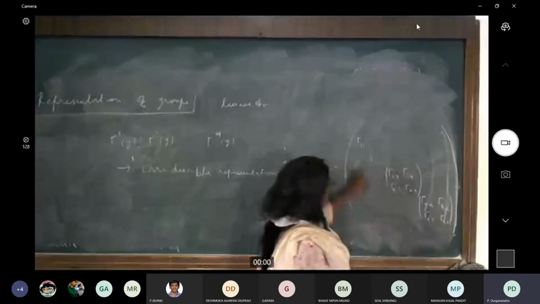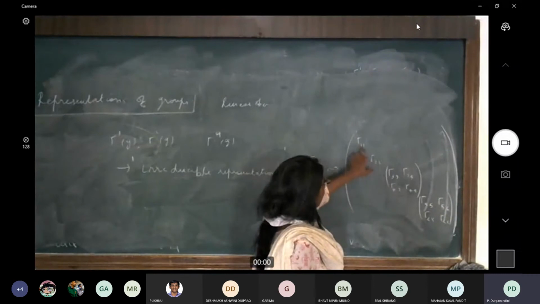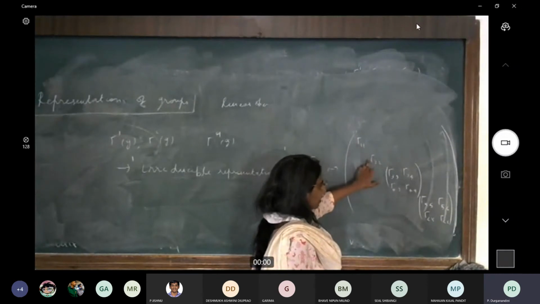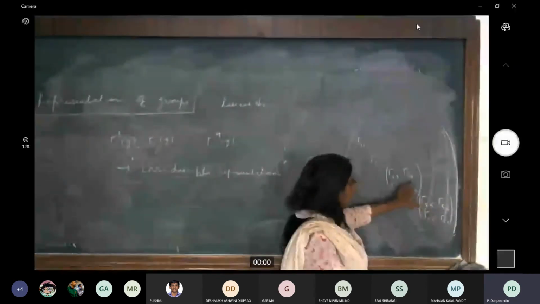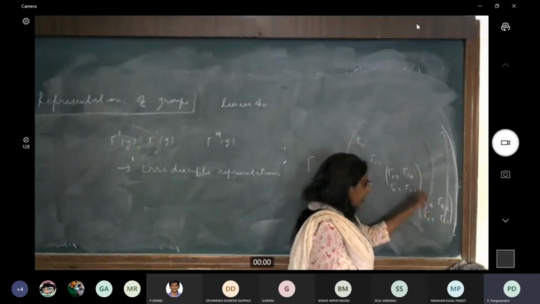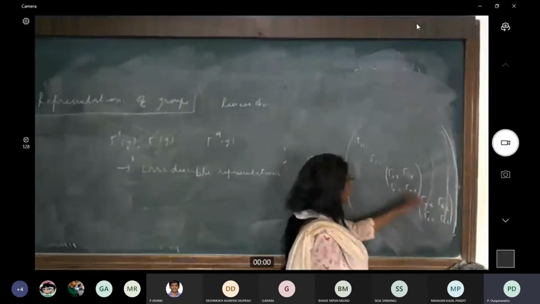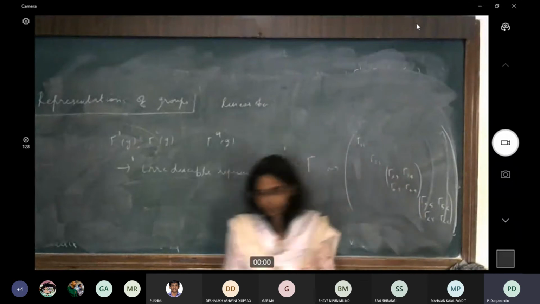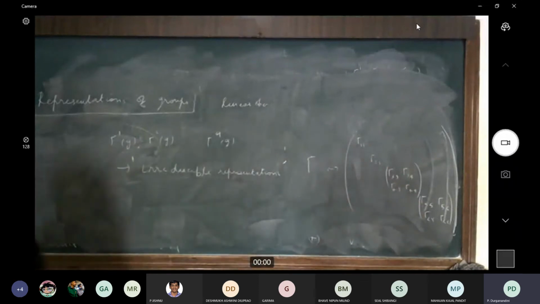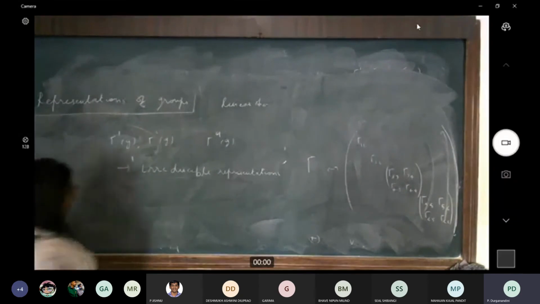You can also see here that these two are one-dimensional representations, and these two are both two-dimensional representations. They are going to act on two-dimensional vectors, while these two are going to act on one-dimensional ones.